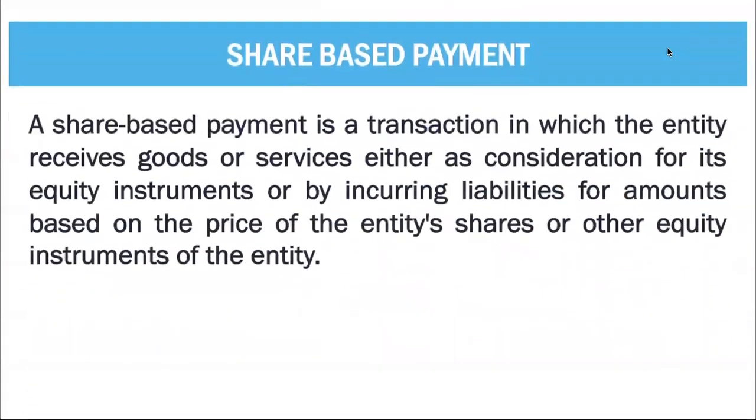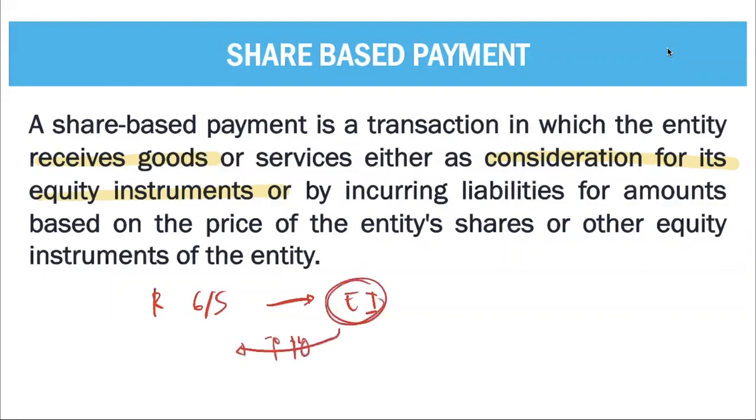What is a share-based payment? A share-based payment is a transaction in which the entity receives goods or services either as a consideration for its equity instruments. So first, you receive goods or services in consideration of your equity instruments. So you use your equity instruments to pay for your goods or services. What do we know about this?